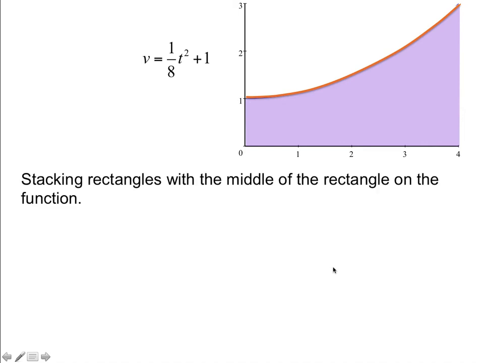What happens if we decide that we want to shoot for the center and get something that is a little more in the middle, towards the average value? So now that means I would have to know these points right in the middle of where I would draw the rectangles.